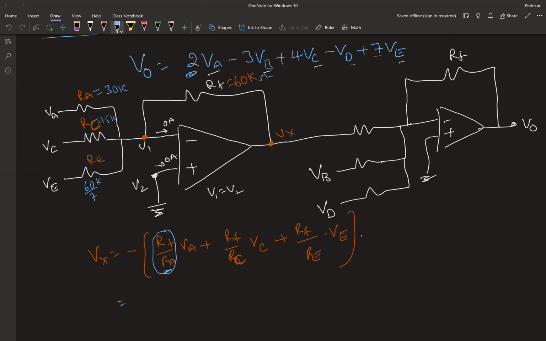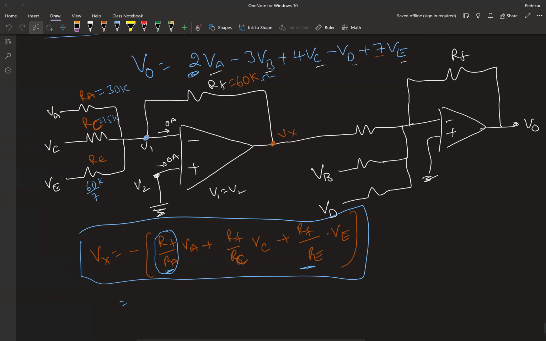That will give me 7 here. The coefficient of VE will be 7. Any questions on how I chose RA, RC, RE? I directly wrote the equation here, but you can get it by applying KCL at this node. It's the same thing.